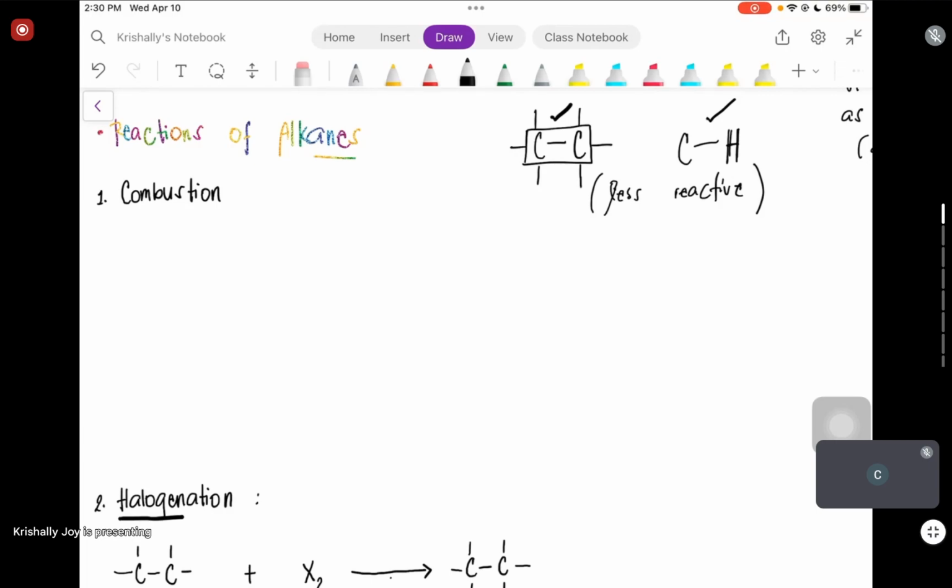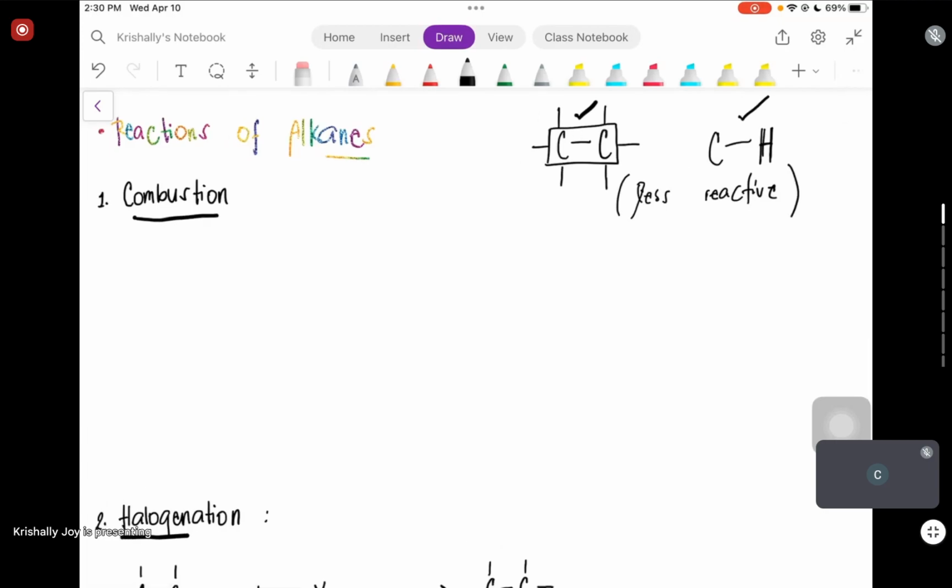And one of the most common chemical reactions among alkanes, we call it combustion. Combustion, I know you have encountered this type of reaction, or maybe you have done this in the laboratory in one of your laboratory courses, in your inorganic or in your preliminary lab sa organic chemistry.